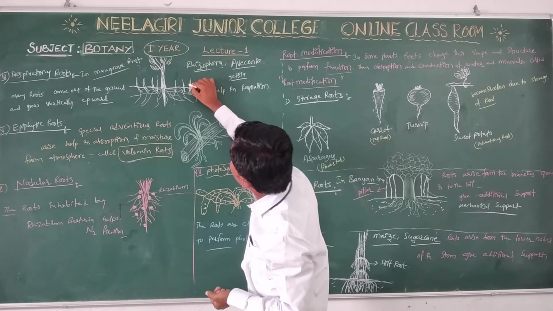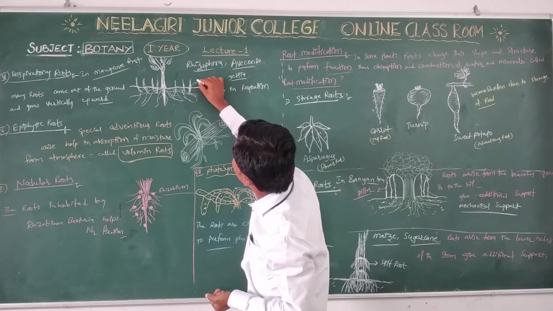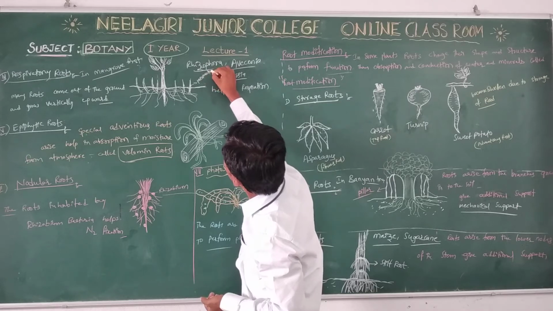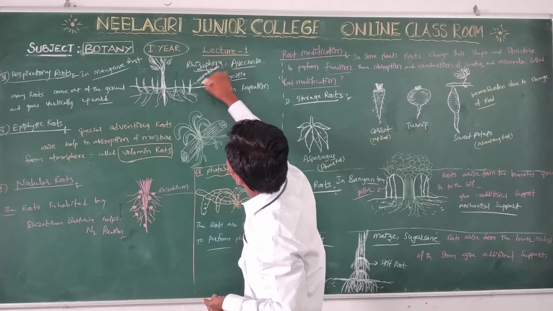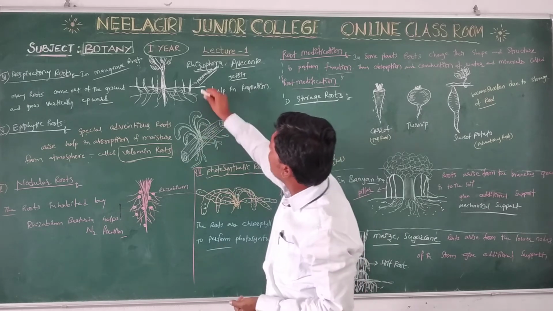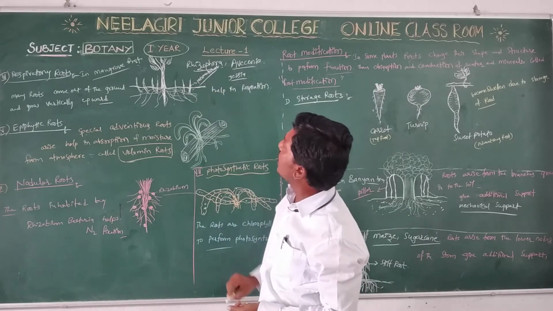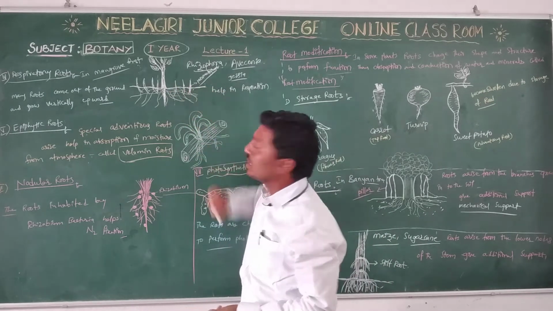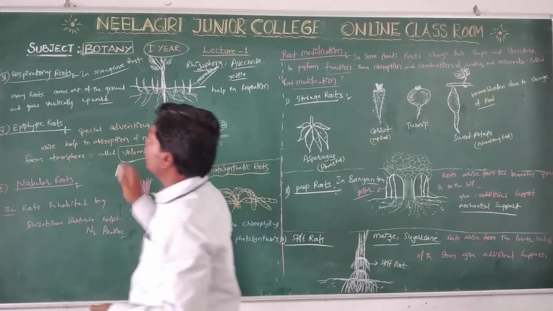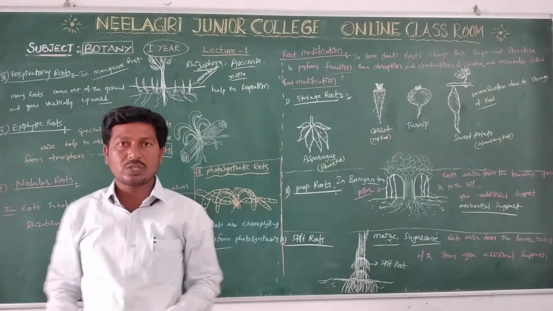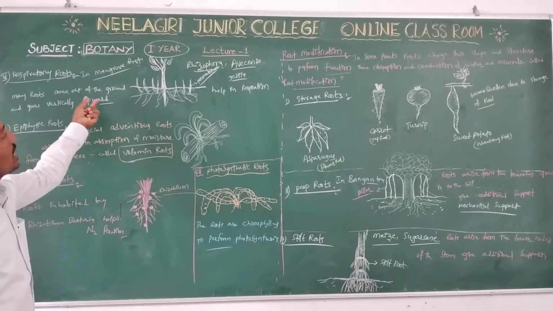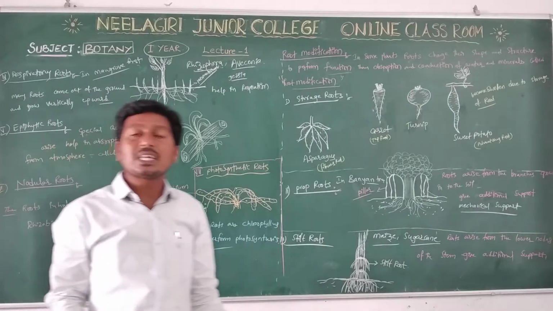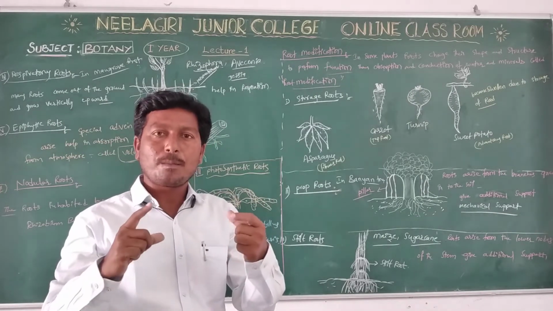This particular part is called pneumatophores. These pneumatophores help in respiration. This type is called respiratory roots. The best suitable examples are Rhizophora and Avicennia, which have respiratory roots in the mangrove forest.